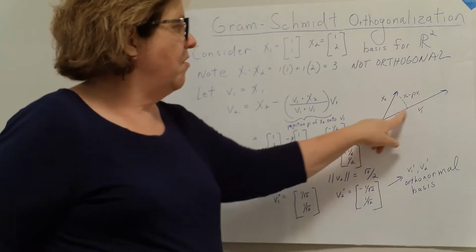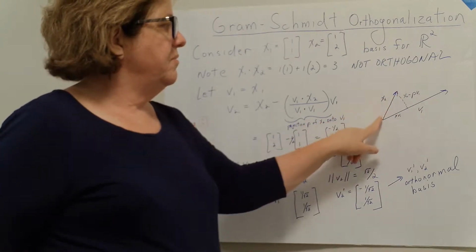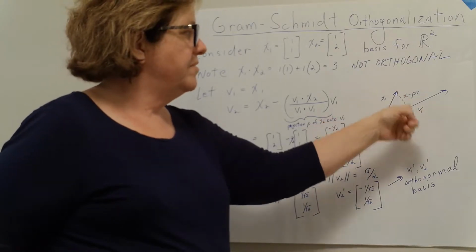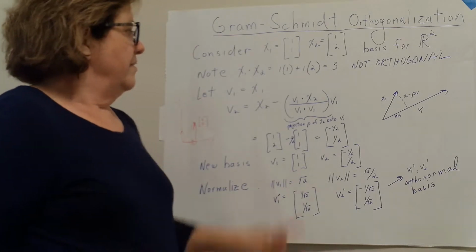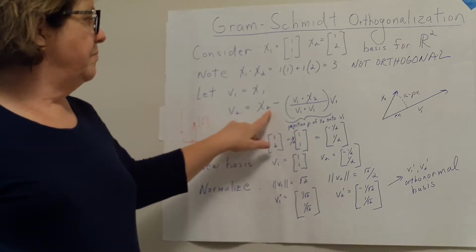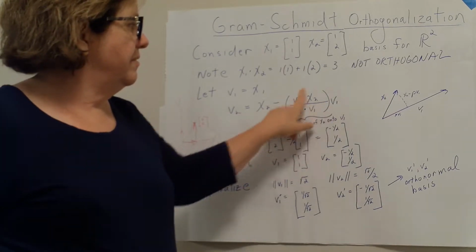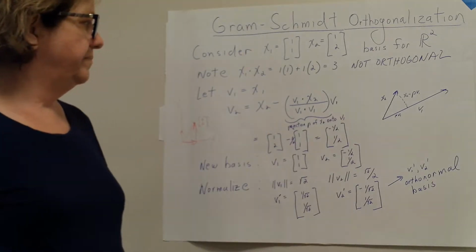So we're taking off the component of the vector x2 in the direction of v1, and then we just have something in the direction orthogonal to v1. So we let v2 be x2 minus the projection of x2 onto v1 times v1.